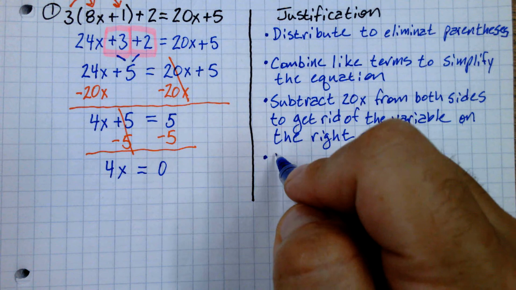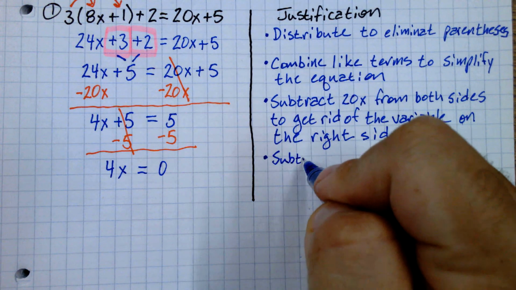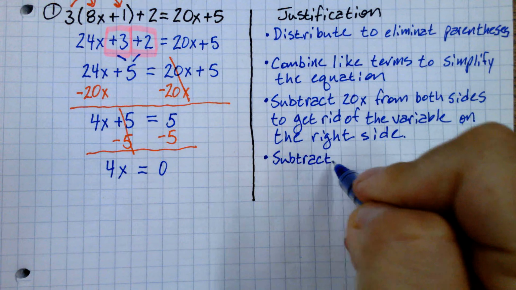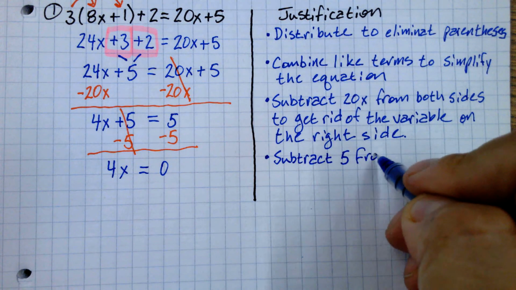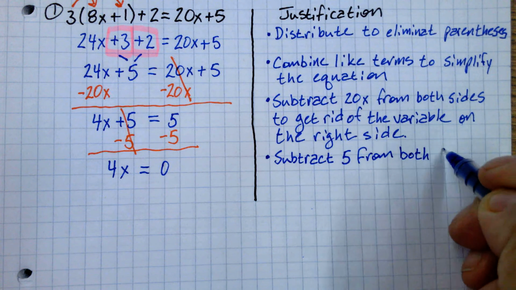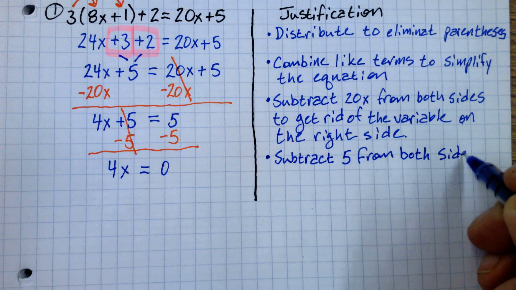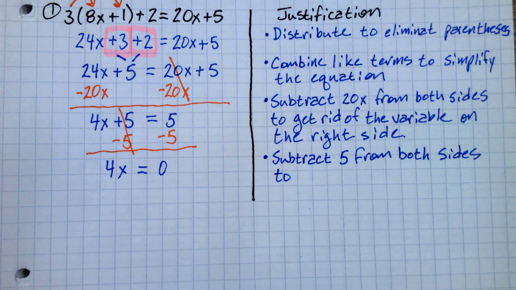So that's that step, add or subtract to eliminate a constant. So we'll say subtract 5 from both sides to do what?